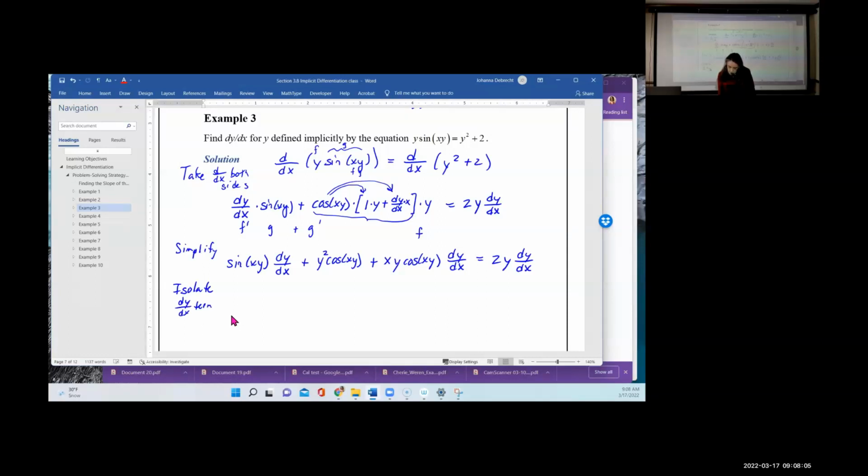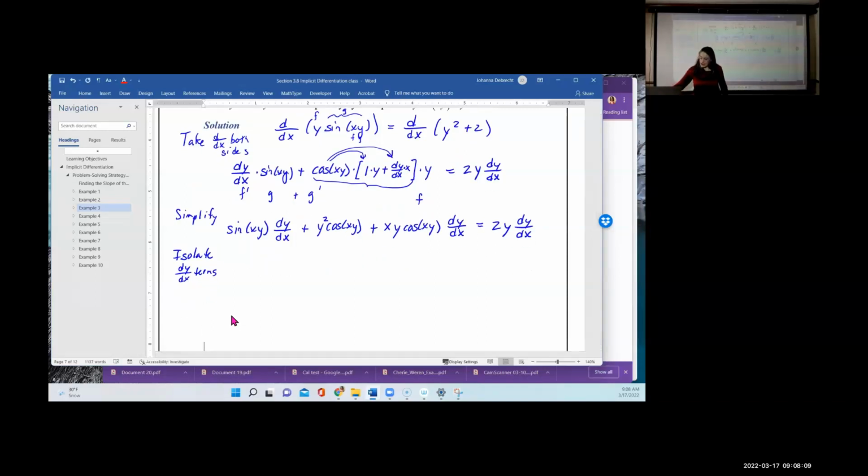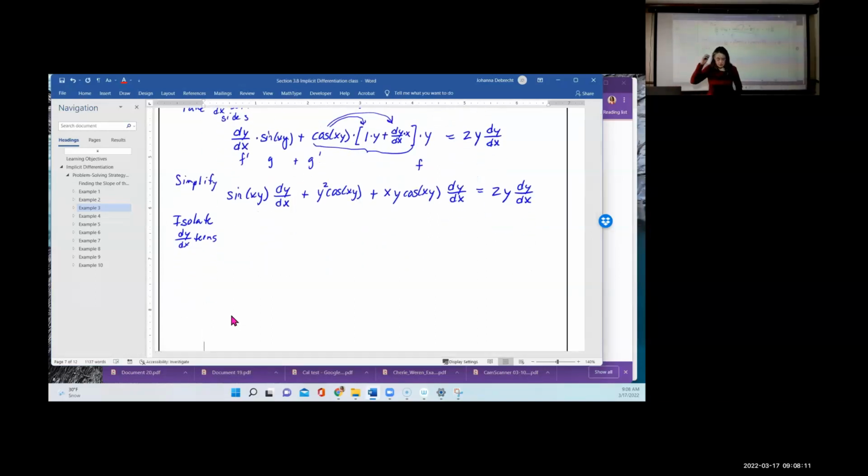That means any term that has dy dx in it needs to go to the left side, and any term that has no dy dx needs to go to the right side. So the first term has dy dx, so we leave it on the left. So we have sine of xy dy dx. The next term does not have dy dx, so we're going to move it to the other side.